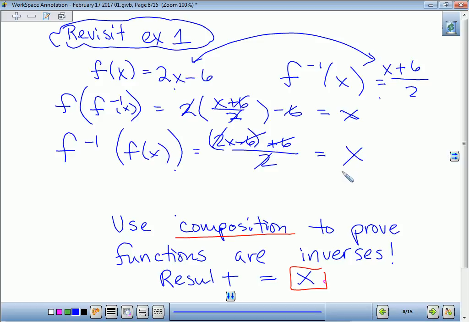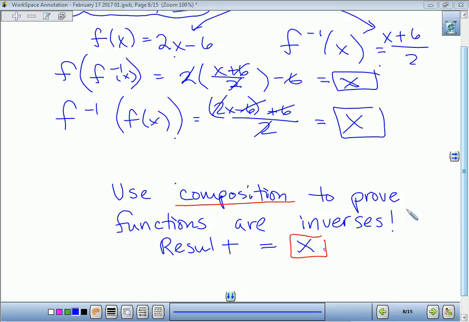This is a special case. It only happens when the two functions you're given are inverses. If you do composition both ways, and both times you get x, then you have proven that the functions are inverses.